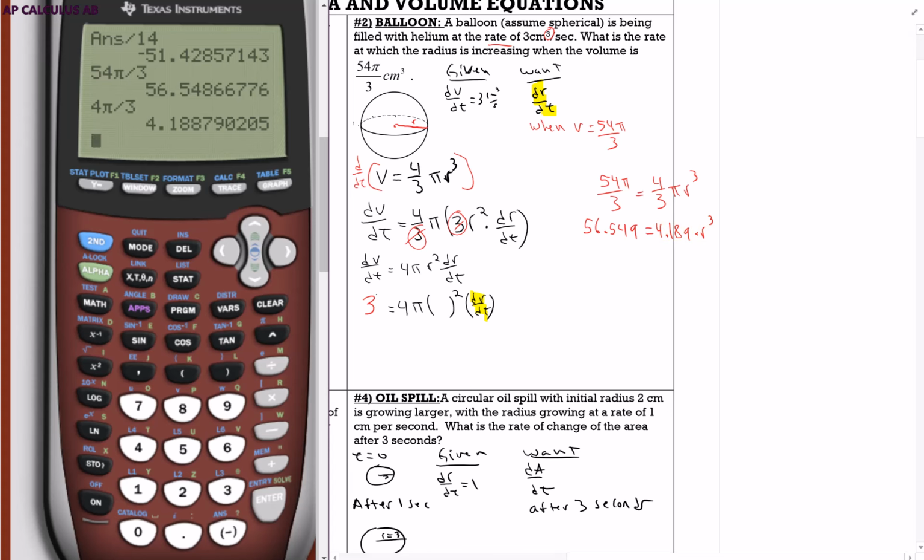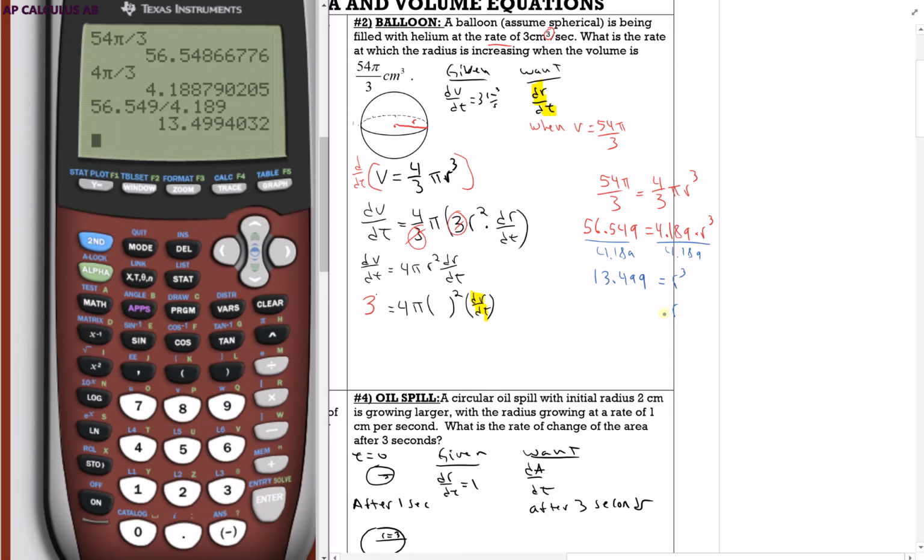I would divide both sides by this constant. That's going to give me r cubed equals 13.499. That's r cubed. How do I find r?